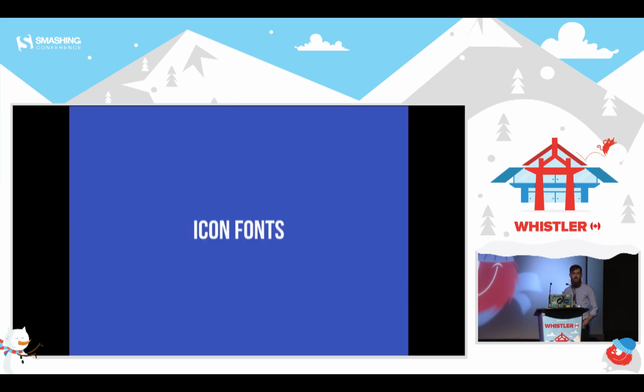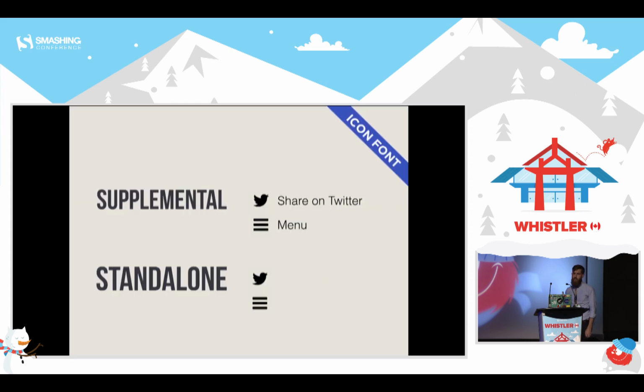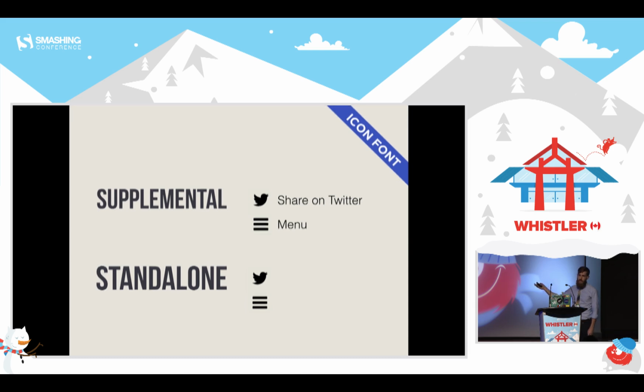But for icon fonts, it's a little bit different. So today I'm going to talk about two different kinds of icon fonts, your supplemental icon font and your standalone icon font. Supplemental is paired with some text that describes what the icon is for. So if your font doesn't load successfully, you'll still have the descriptive text. Jen went over this a little bit.